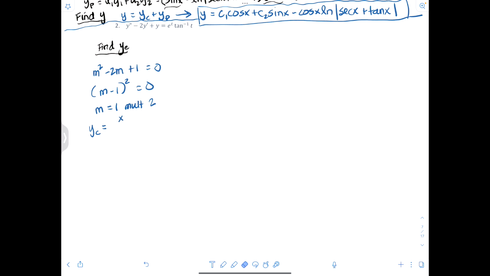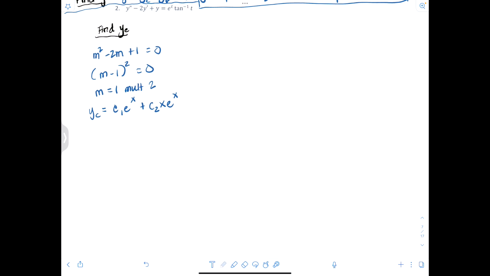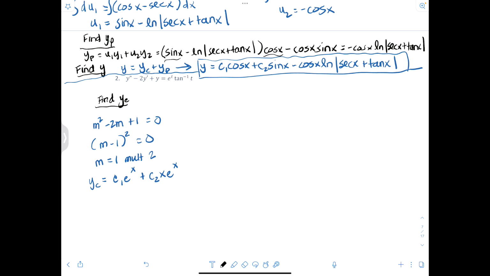And actually, sorry, we need our constant. C1 e to the 1x plus C2x e to the 1x because of the multiplicity. All right. Now, this is already in standard form, and so f of x is equal to e to the t times, I'm going to write this as arc tangent.